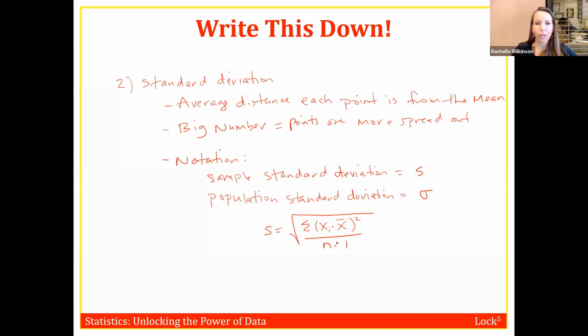Like I said, you're not going to have to use this formula. What you really need to know is bigger standard deviation means the points are more spread out, and smaller standard deviation means the points are less spread out. And we're going to talk about a couple other things that are helpful for using standard deviation to understand the data a little better.